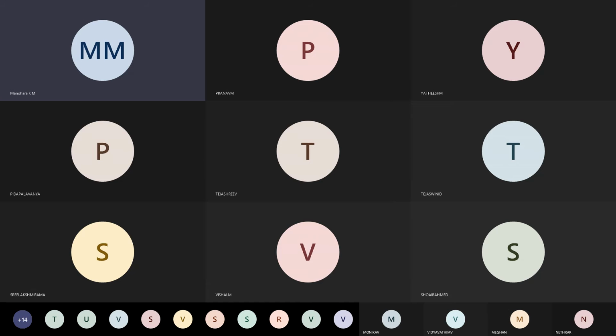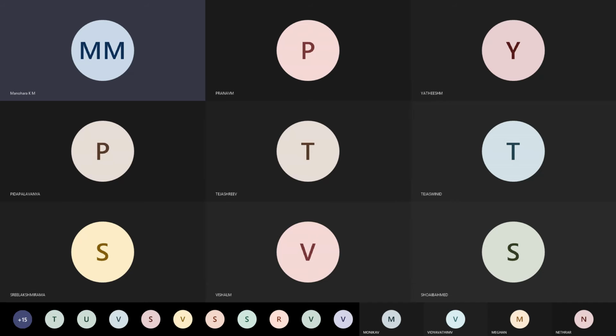Next process hash 2. Similarly process 3, that is hash 3.